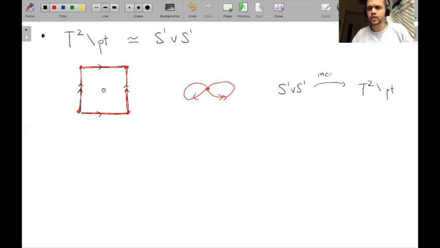You can use the inclusion. And for the map in the other direction, let me say we project radially.